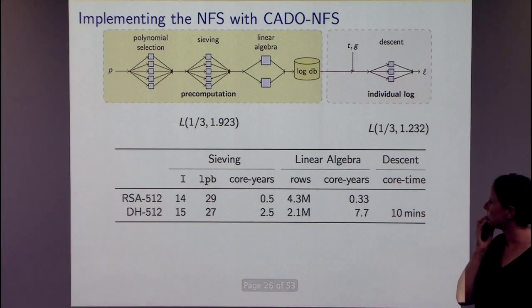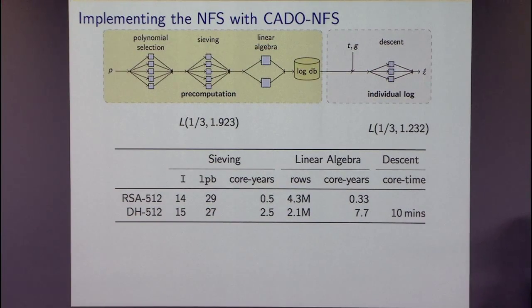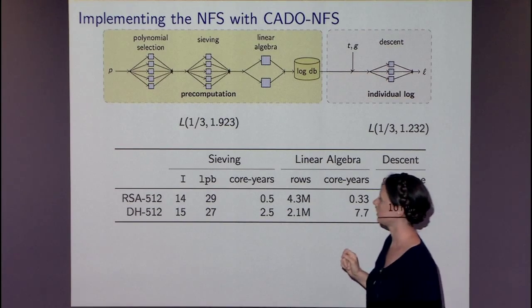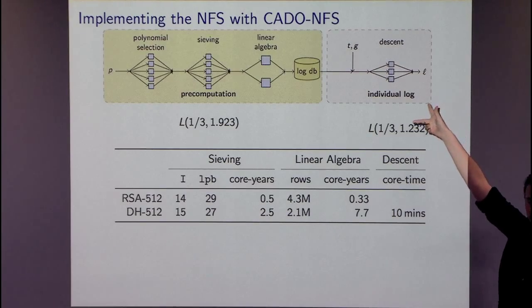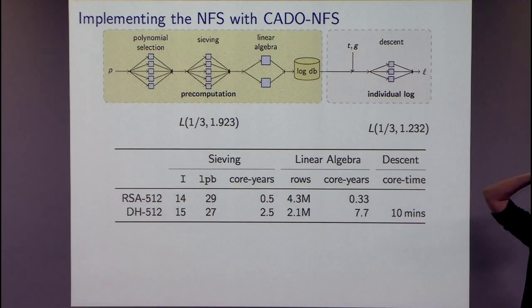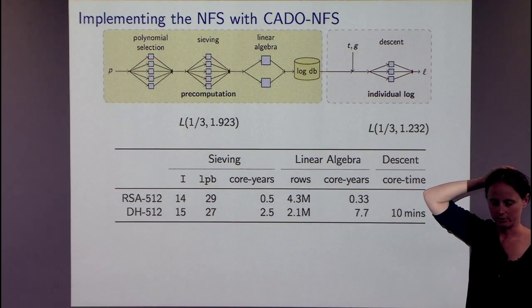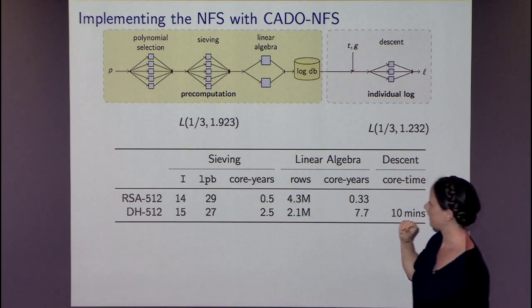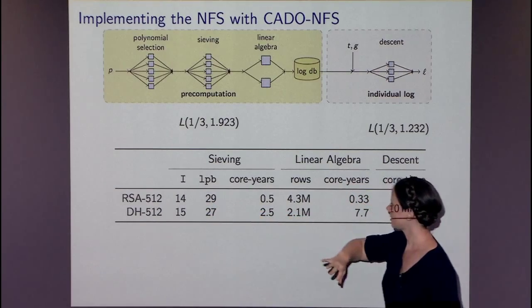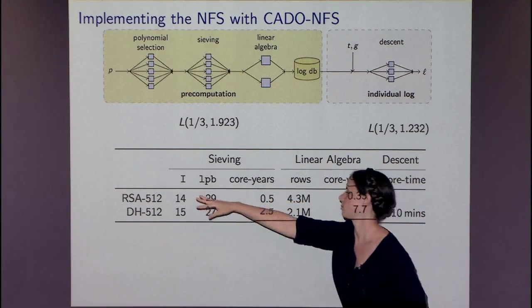So if you want some practical numbers of what this looks like, this is using the CADO-NFS implementation of the number field sieve. This is done by our collaborators who are at INRIA and LORIA in France. So for 512-bit factorization, here are some of the parameters that you would use.